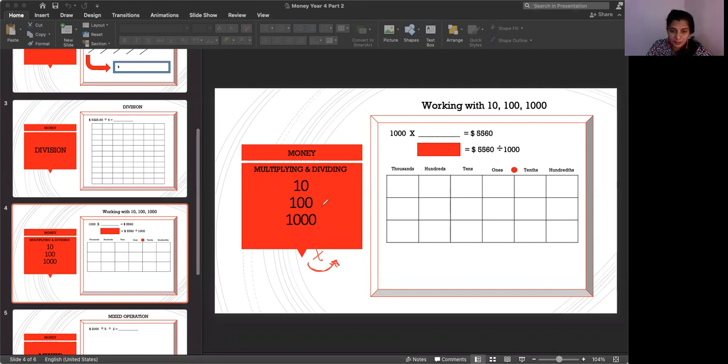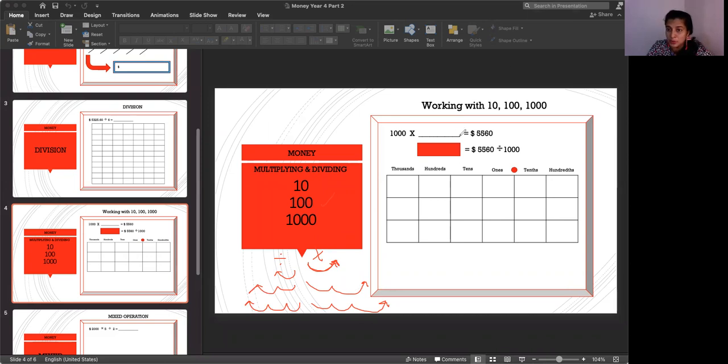If you multiply with 100, it moves 2 places to the right, with 2 zeros there. If you multiply with 1000, it moves 3 places to the right. If you are doing a division, your decimal point moves 1 place to the left if you divide by 10, 2 places to the left if you divide by 100, and 3 places to the left if you divide by 1000. And this is just a quick recap.